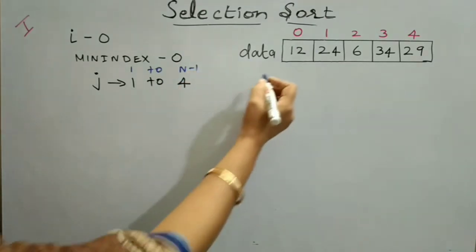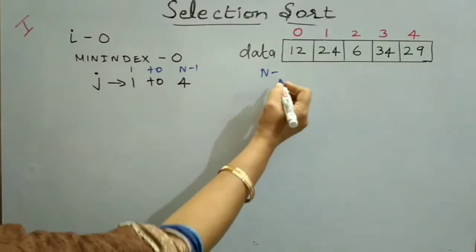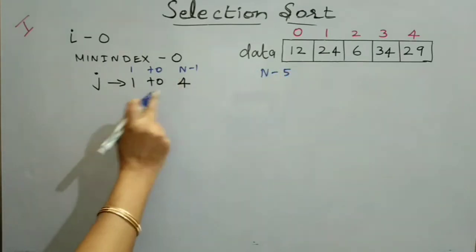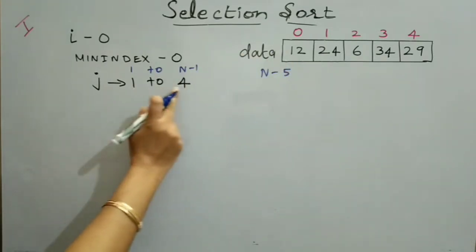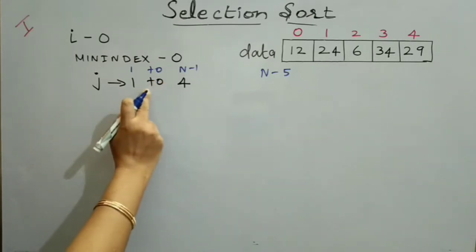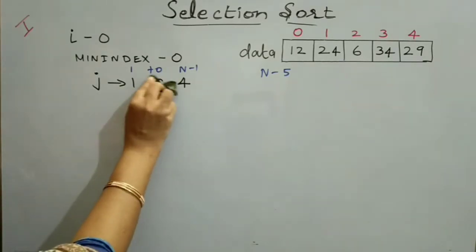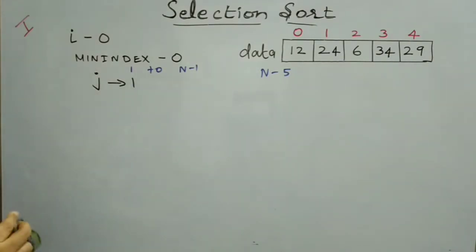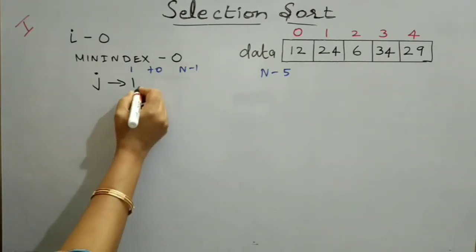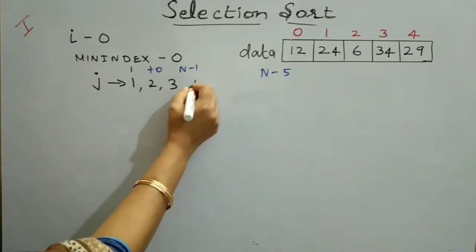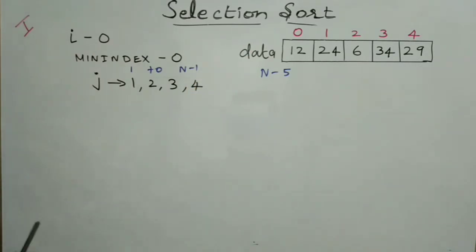What is n? N is the total number of elements in this array, which is 5. So the index positions of the subsequent elements are 1 to n minus 1, and J takes the values 1, 2, 3 and 4.